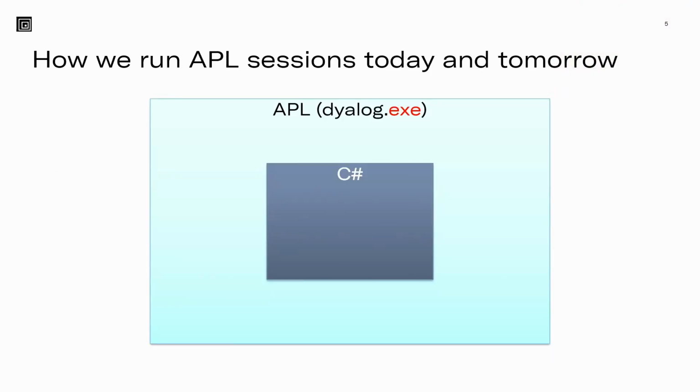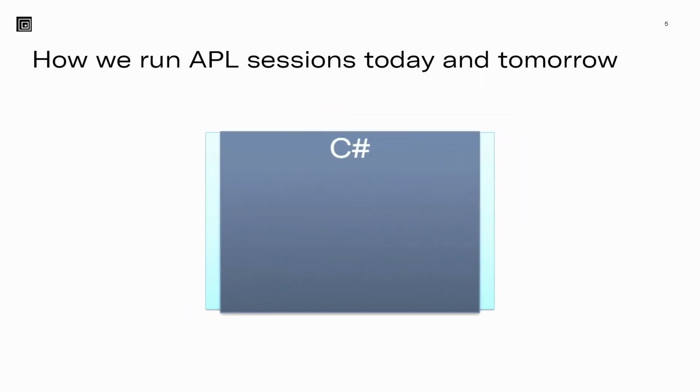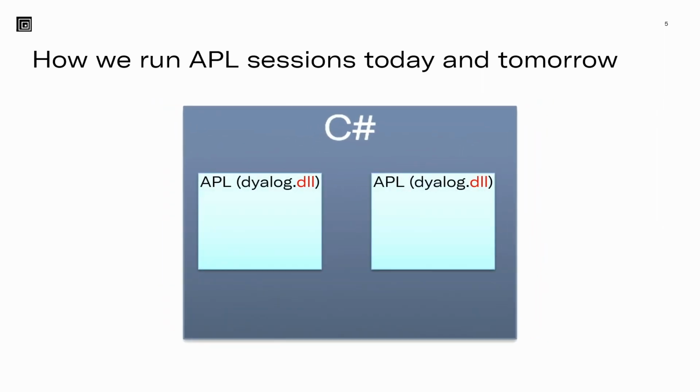So today we are running in the two-tier world. We start up Dyalog and load a workspace and do some bootstrapping, and here we go. But that's not really an option in the cloud. So as said, we decided to wrap it into a C# thingy.